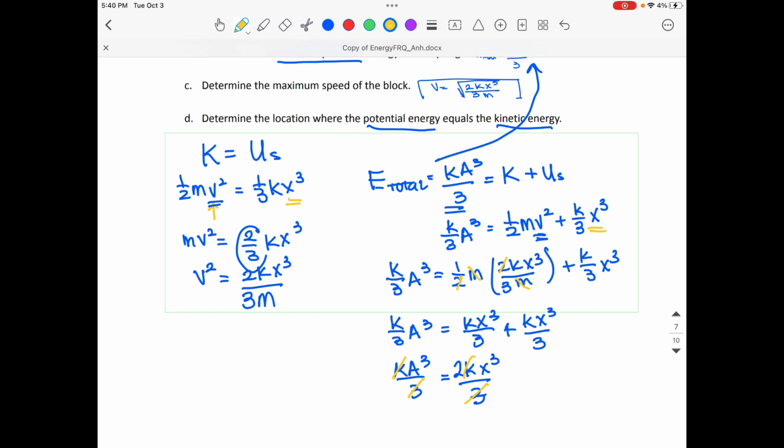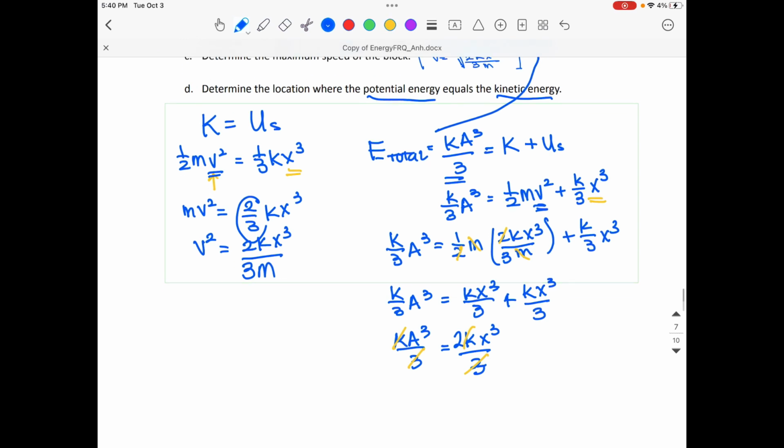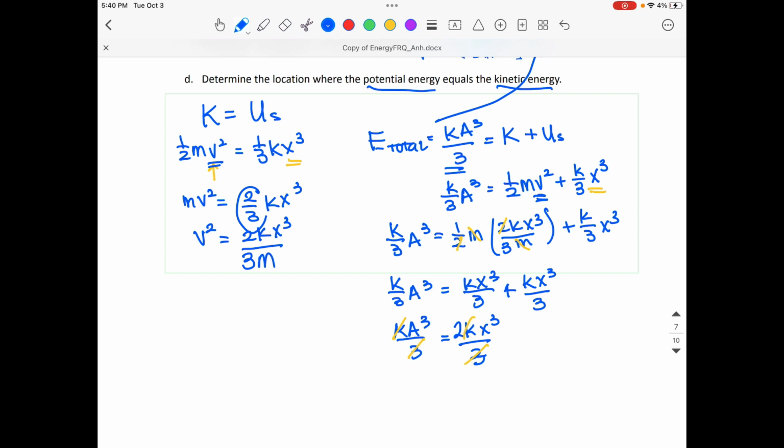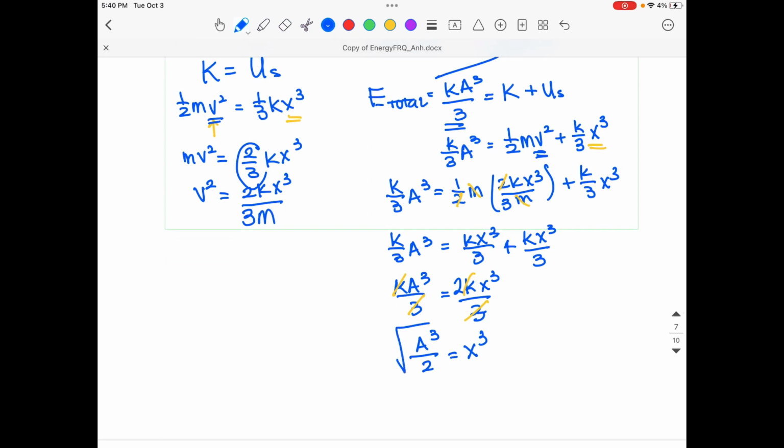And I end up with A cubed over 2 is equal to x cubed. Take the cube root of both sides to cancel the cubed, and I get x is equal to, let me pull out the A first, A times the cube root of 1 over 2. And that is going to be your final answer.